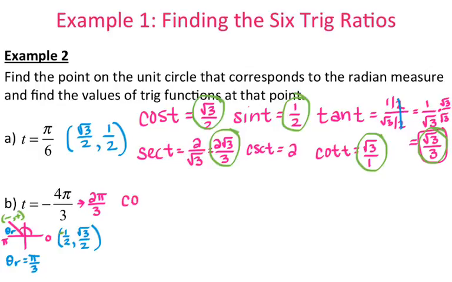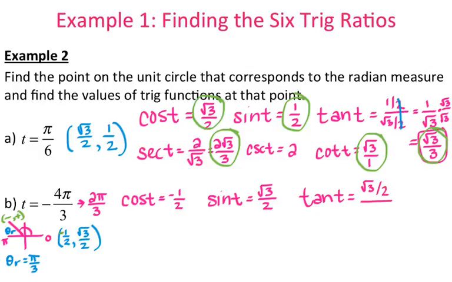So cosine's my x-coordinate. So cosine's negative 1/2. Sine is my y-coordinate, which is root 3 over 2. And tangent is y over x, so root 3 over 2 over negative 1/2. Denominators are the same, so they cancel.